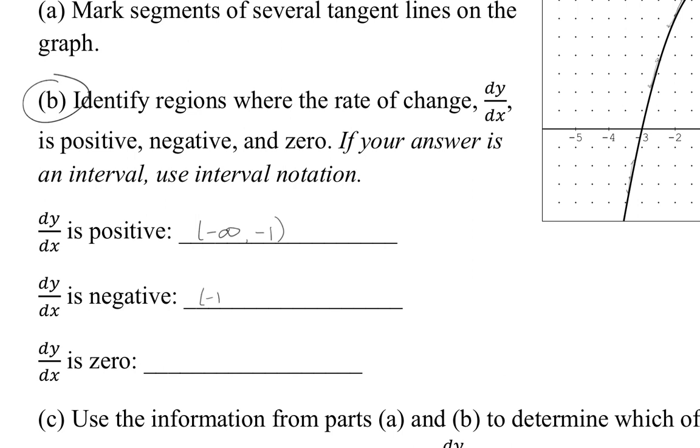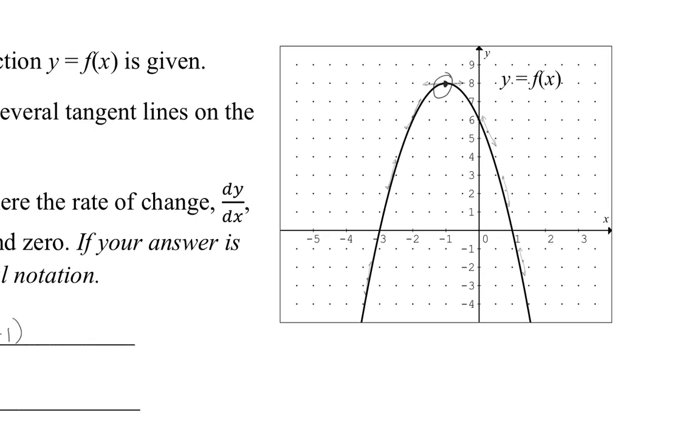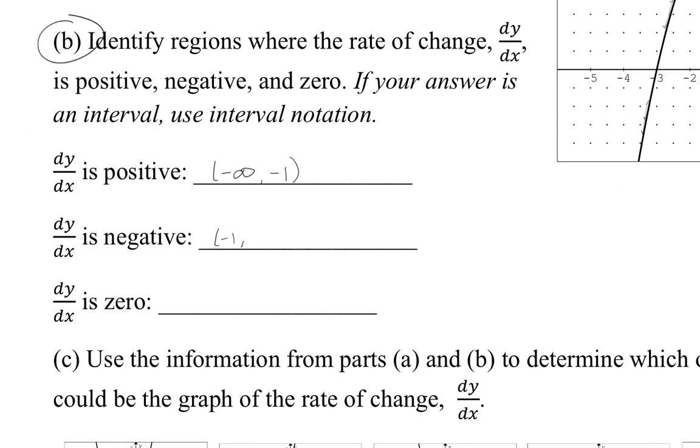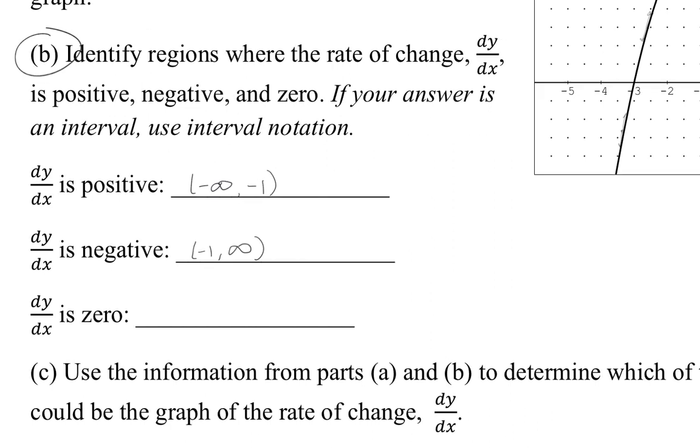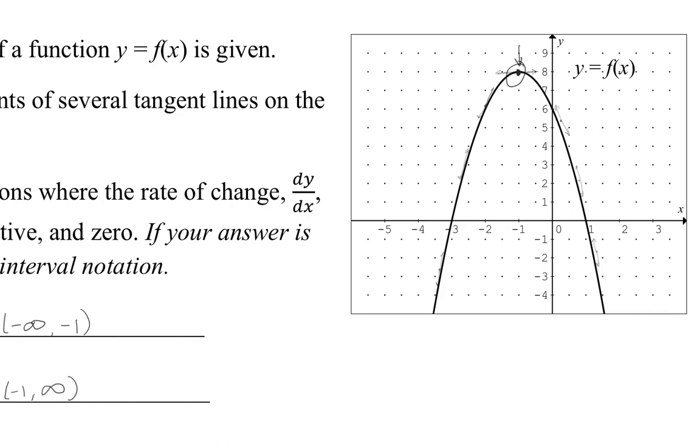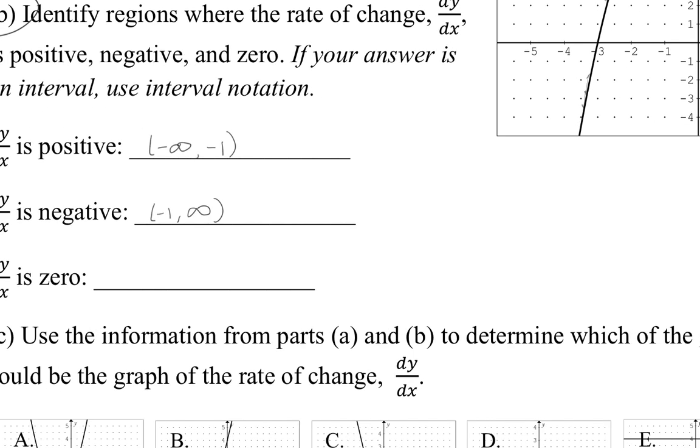We can see that that is our local maximum, so anywhere that we go past this, it's going negative, and it's decreasing all the way as x goes to infinity. And now finally, when is dy dx 0? That's going to be here, our local maximum, at x equals negative 1.